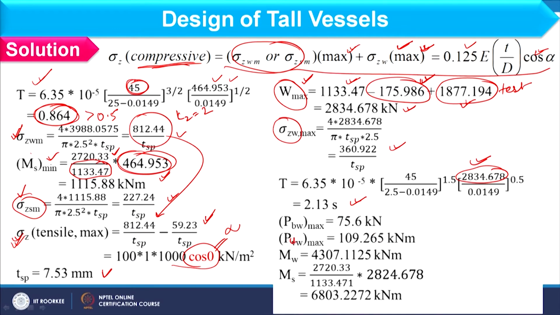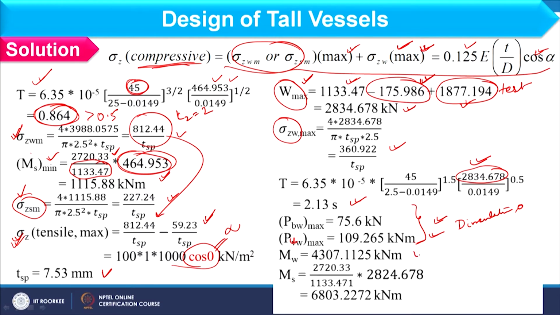And this PBW and PUW maximum you can consider as we have calculated in the last lecture, okay, because that is based on D insulation only, outer, right. So, in this way PBW and PUW will remain the same.